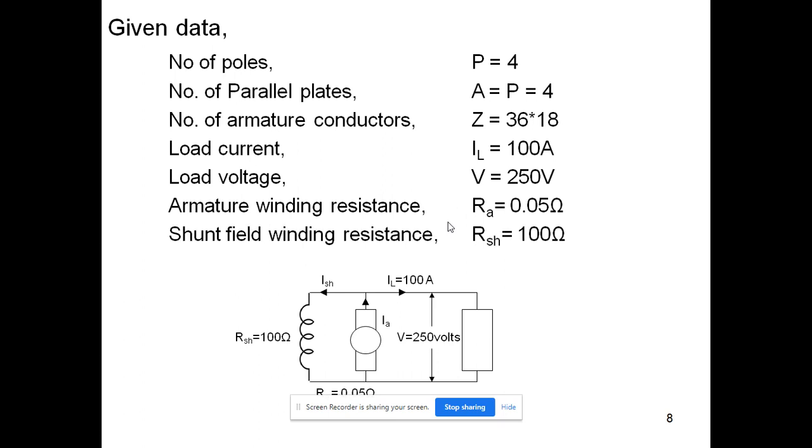The shunt field winding resistance Rsh is 100 ohms. And the flux per pole, phi, is 0.03 Webers.